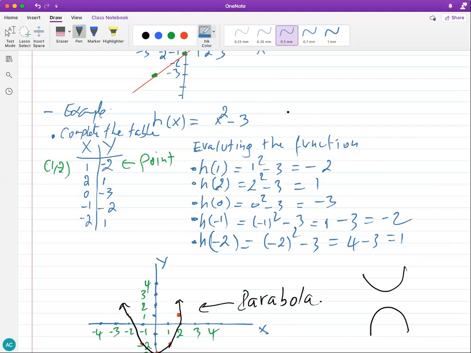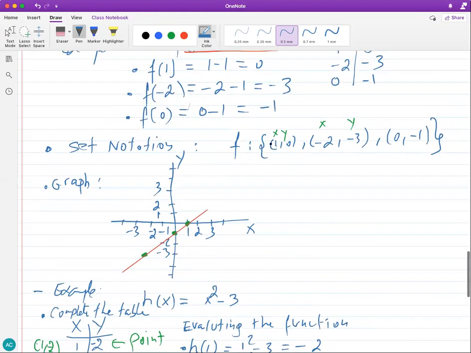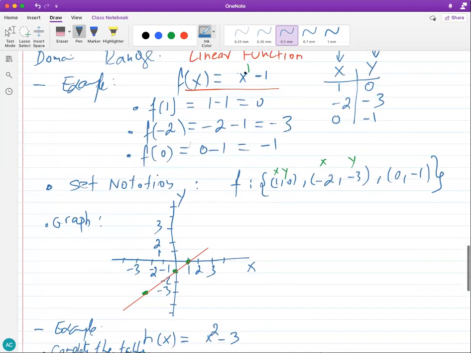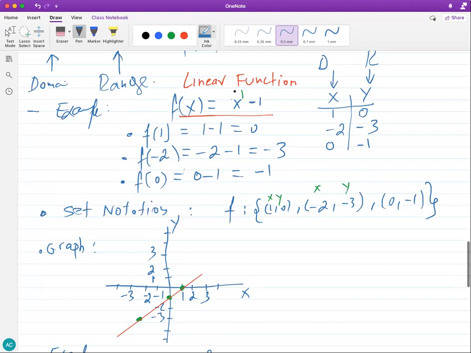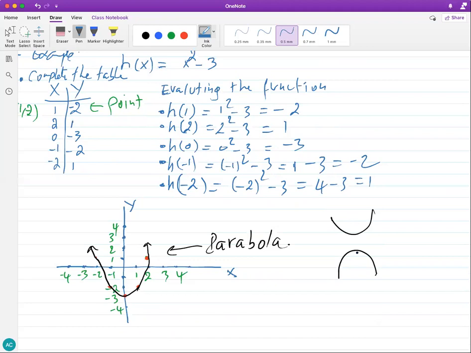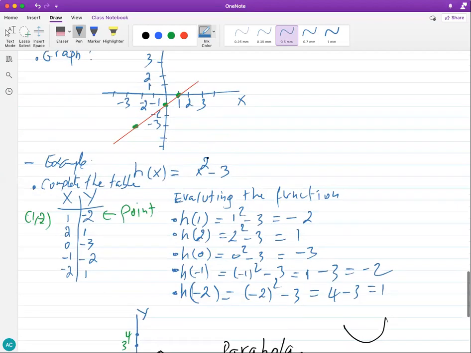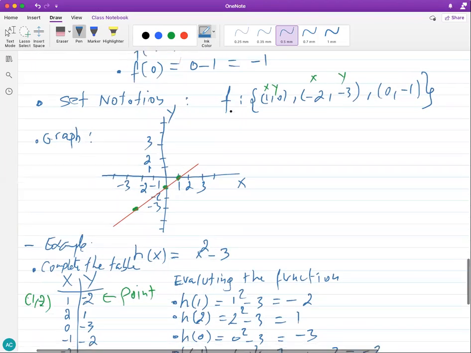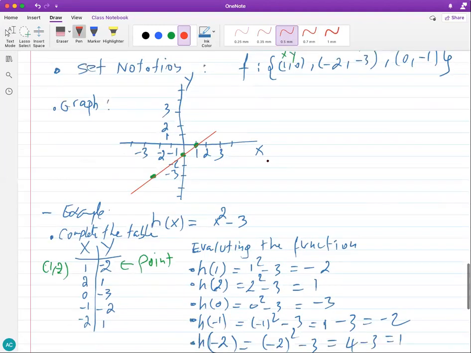So what is the power of this function? It's 2. When the graph is linear, the power is 1. When it's power 2, it's always going to be either this or this. So from now on, whenever you graph a second degree function like this, or a quadratic function, the graph will be a parabola.